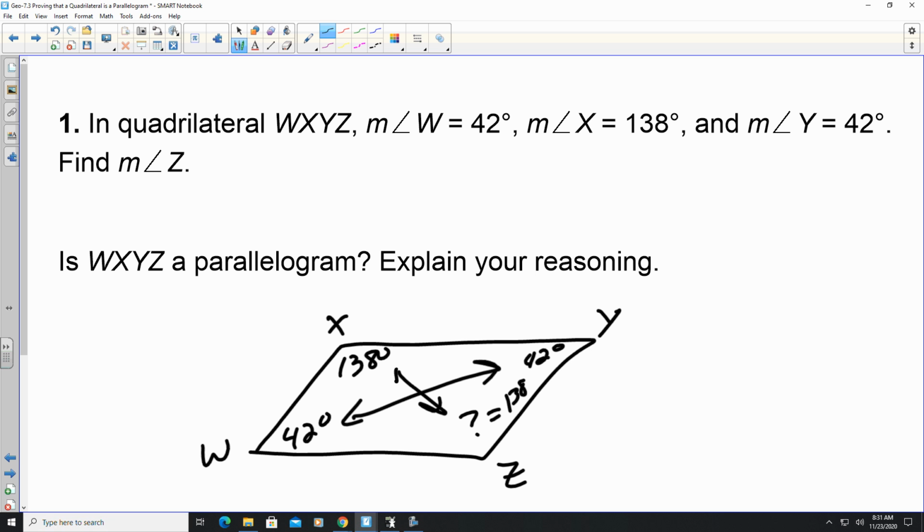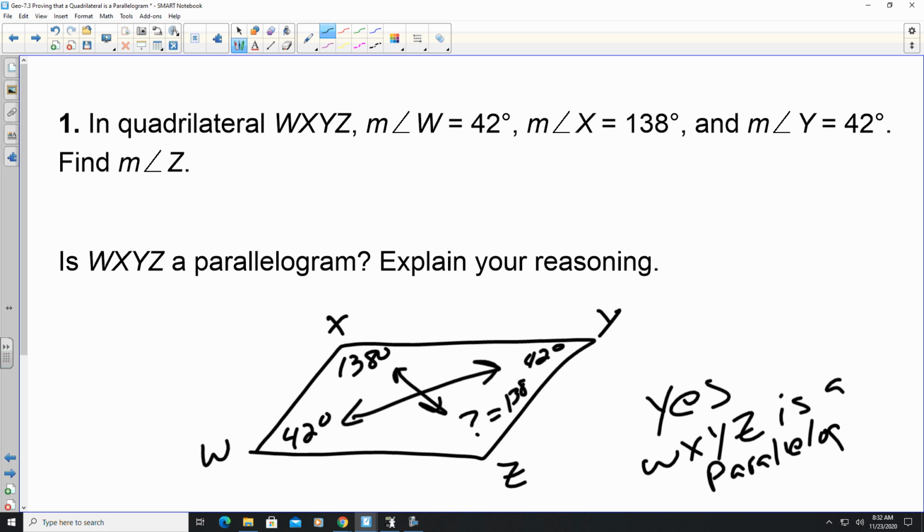And so I have two opposite congruent angles. That means I can use that parallelogram opposite angles converse. So I can say, yes, WXYZ is a parallelogram.